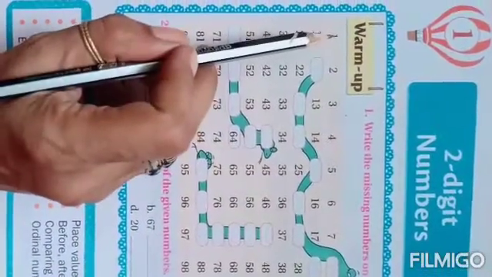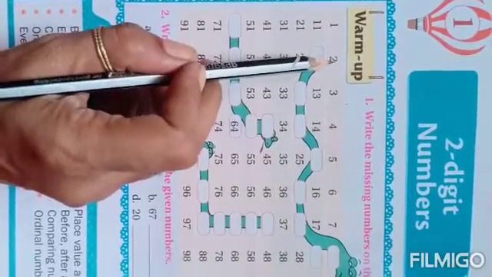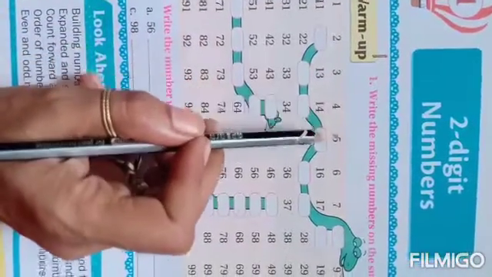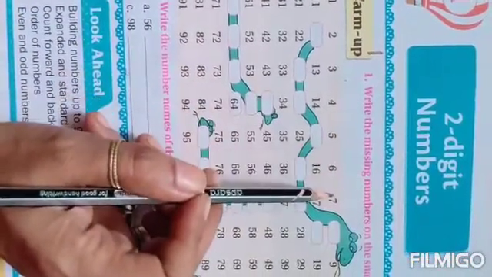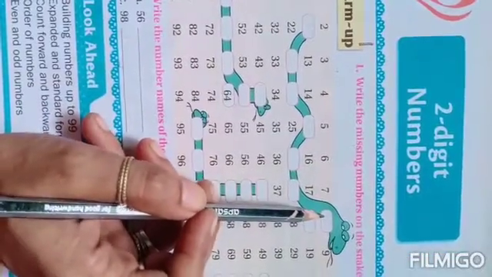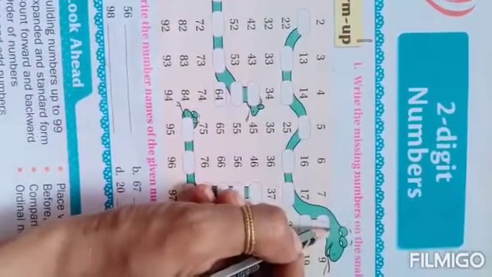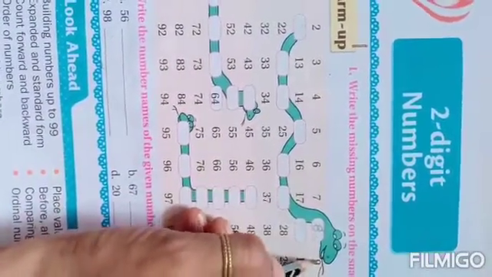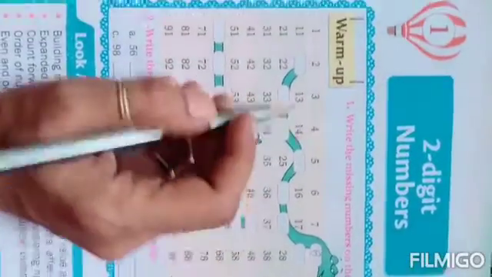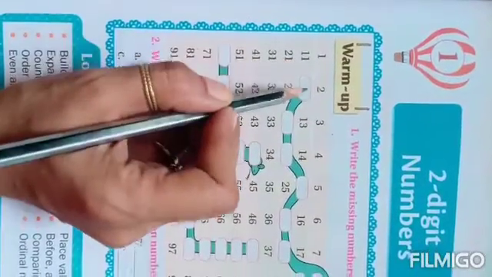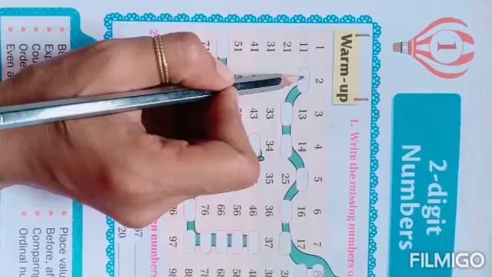So let us start. Here we have number 1, 2, 3, 4, 5, 6, 7 and number 8 is missing here. So we will write here number 8, 9, 10. In the next line 11, 12 is missing.